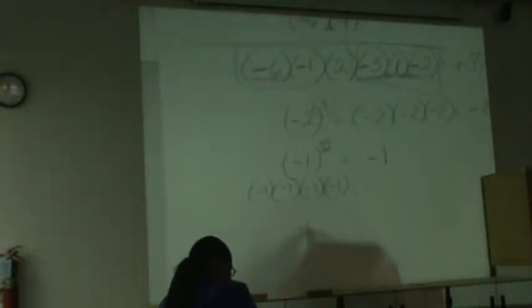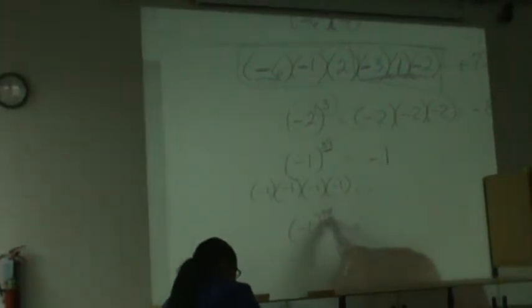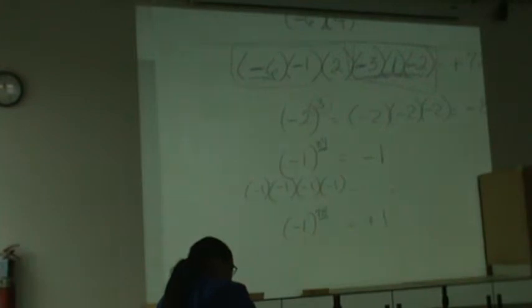Okay? So what about this one? -1, 78 times. It'll be positive because it's an even amount of negatives. And then 1 times 1 times 1 times 1 is 1. Okay?